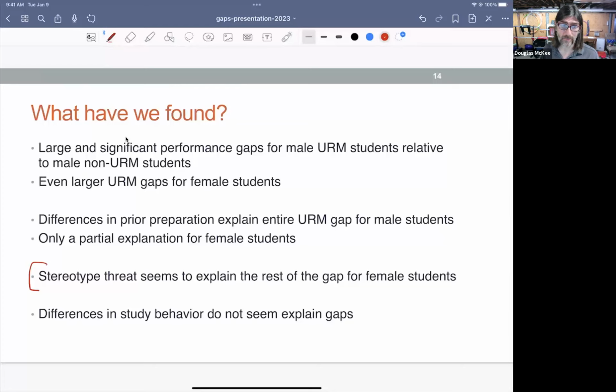It's mostly taken by underrepresented minority students, although not entirely. And it actually does seem fairly effective. So maybe these gaps would be even bigger otherwise. We don't know. And then study behavior, there are differences, but the differences don't explain the gaps.